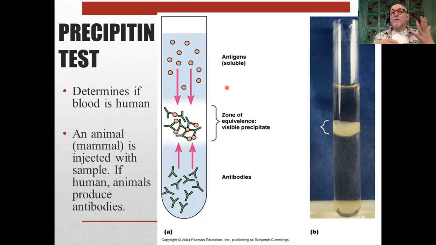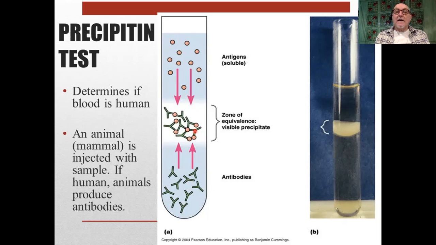But you would make a solution in a serum, and perhaps filter it, and layer it on top here above a layer of the antibodies. So this is rabbit antibody down here, and on top of it you layer your unknown sample. Is this human blood or not? The antibodies in the rabbit serum are against human blood.